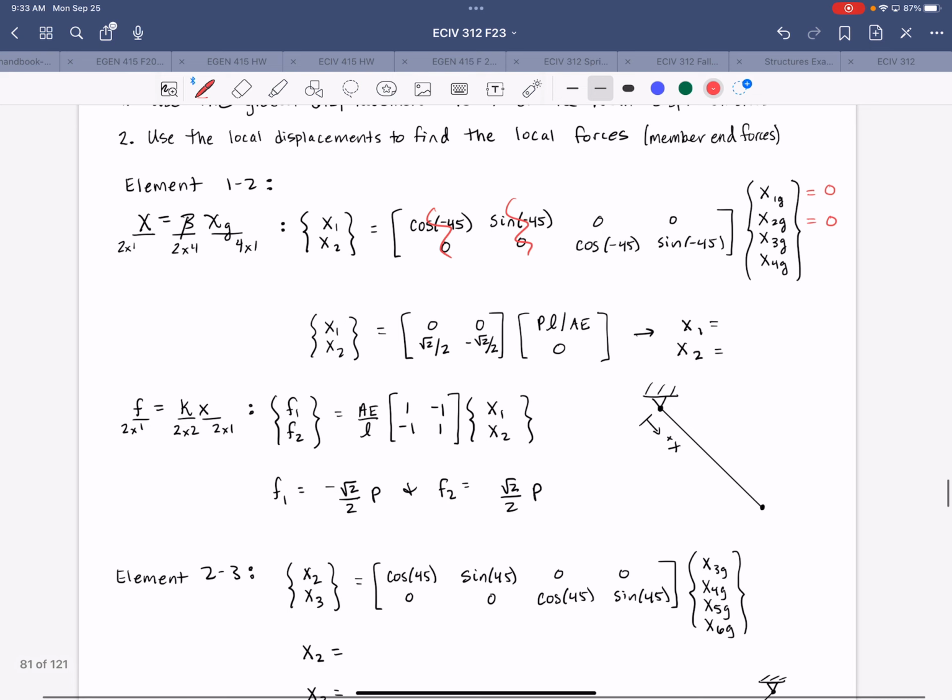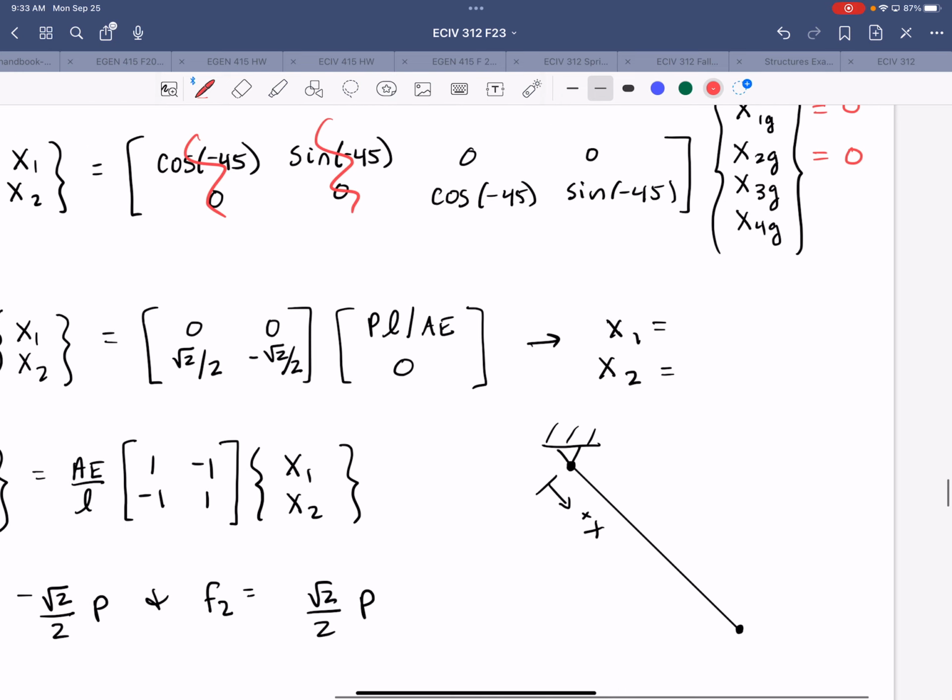I didn't include the results in your skeleton notes, so we'll write that out. So we get x1 is equal to 0, and x2 is equal to square root of 2 over 2 times PL over AE.